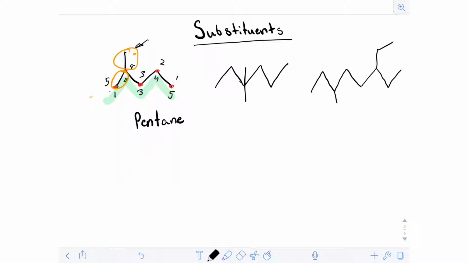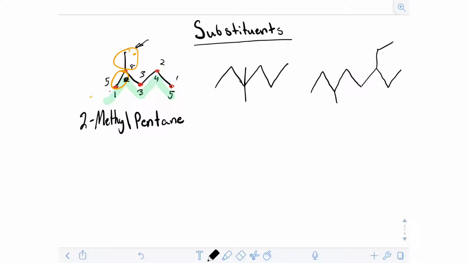We know it is in the number 2 spot when we counted our carbons, so that'll give us 2-methylpentane. That's pretty easy.